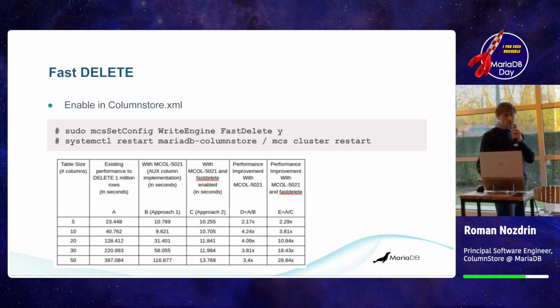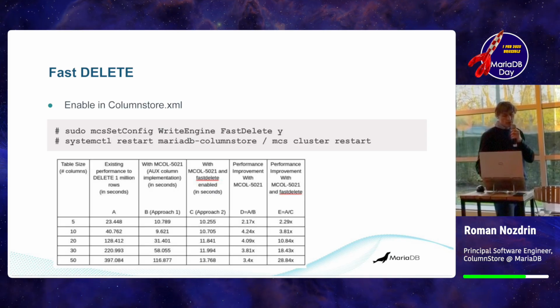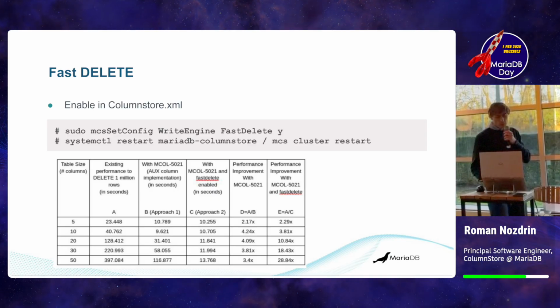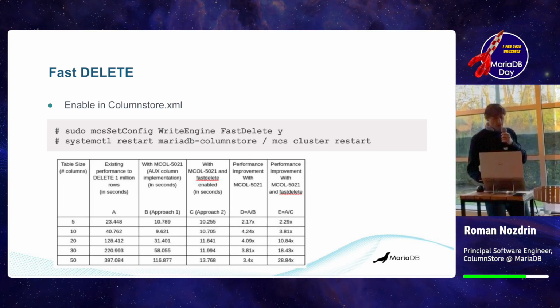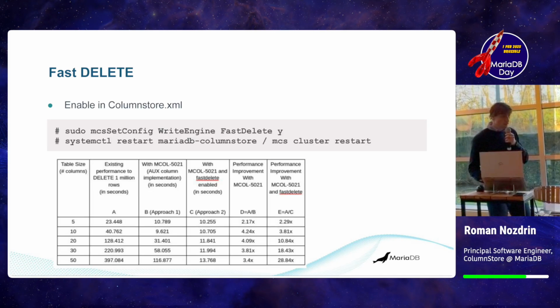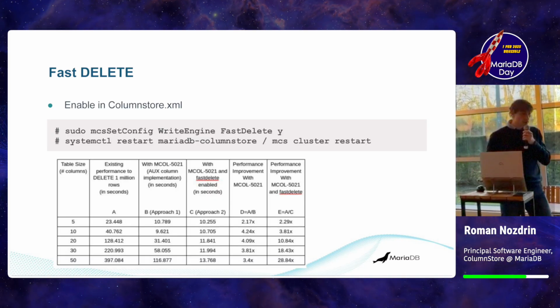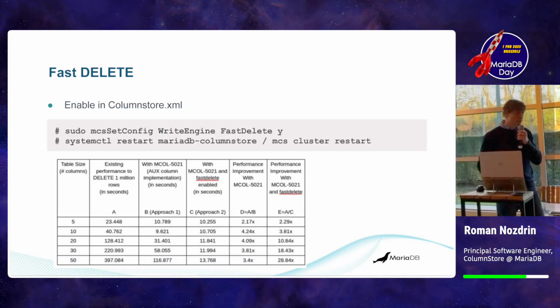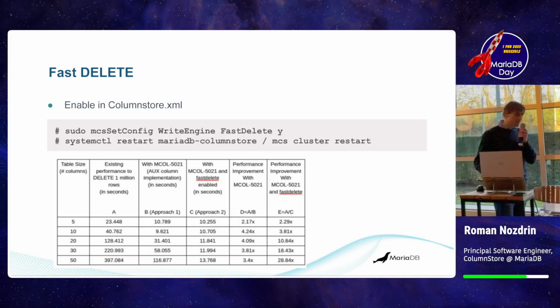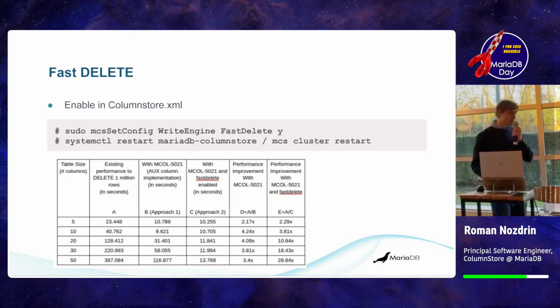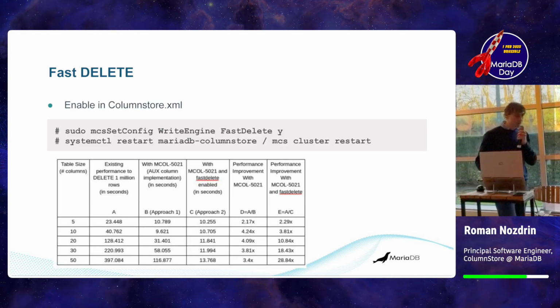But anyways, with 50 columns, we have a 30x improvement. So that's also impressive. This enables the customer to actually run the software without too many changes, and they were happy about that. I don't know why. I mean, you can always rewrite software, but they prefer to rely on the database.